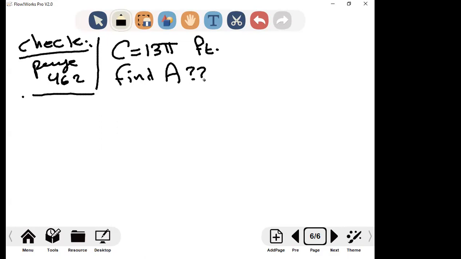Step 1, we use the circumference to find the radius. C equals 2 pi r. This is the formula. In place of C, what will I put? The value of C. The value of C is how much?